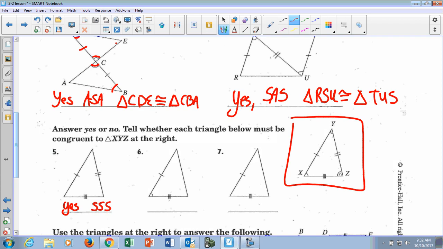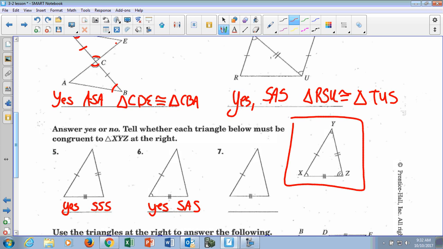What about number 6? Aiden. Okay, what's your proof? Very good. All right, what about number 7? Look at the picture and look at the one next to it.